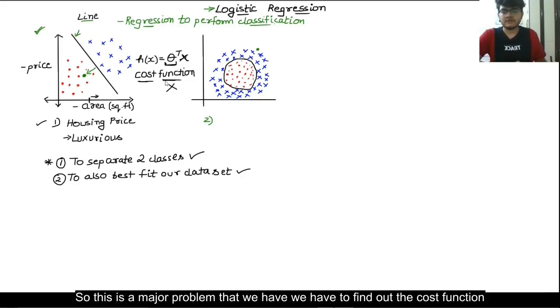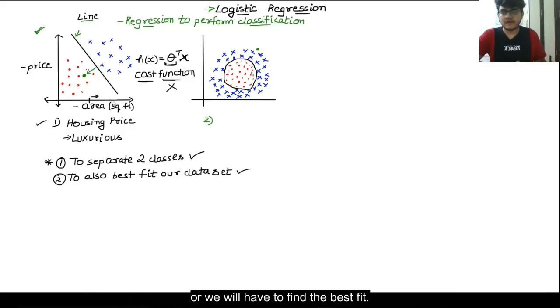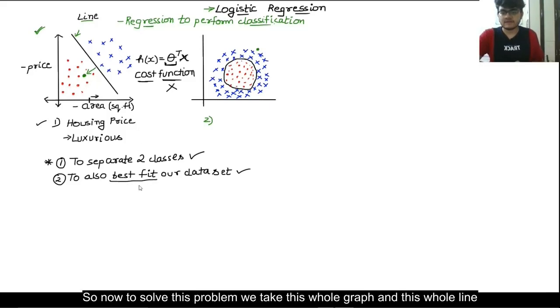So this is a major problem that we have. We have to find the cost function, and for that the line should pass through most of the data points, or we will have to find the best fit.